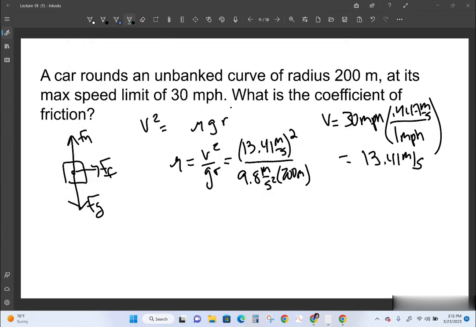So mu is 0.0917. Notice there are no units to that. The meter squared and my second squared will cancel out because this is the coefficient of how rough it is.